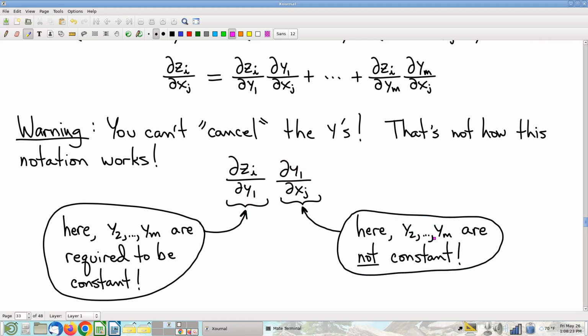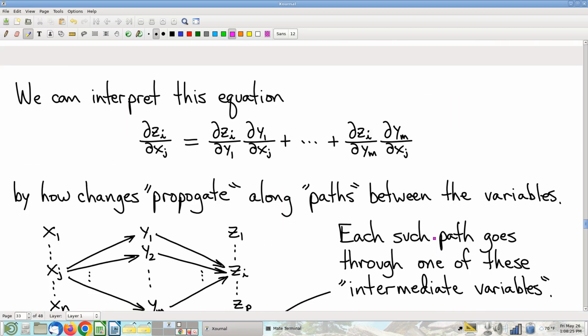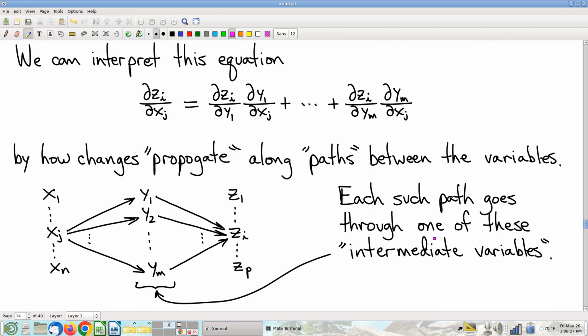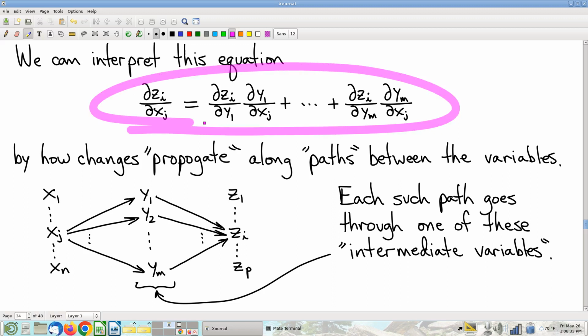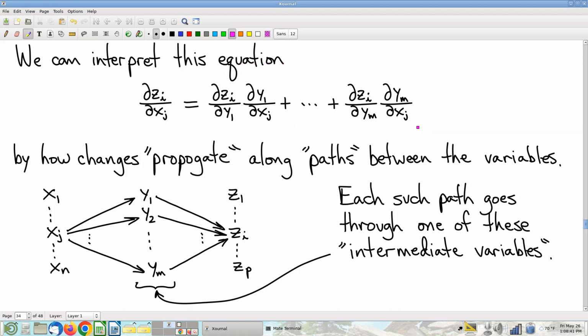Okay, so moving along. Now here is an independent interpretation of this equation. Again, this comes straight out of the matrix form of the chain rule, matrix multiplication and all that. But here's a different, perfectly reasonable take.